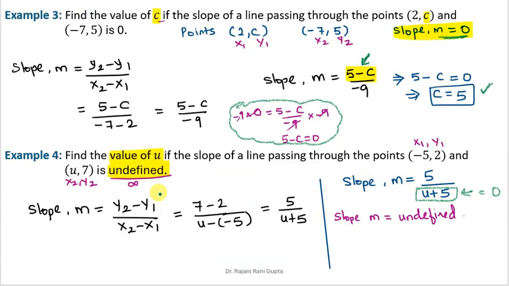Because then only we can say that any number divided by 0 is undefined. So this gives you 5 cannot be 0. So it gives you u plus 5 equal to 0, giving you the value of u as minus 5. Okay, clear? So see, one rule and we have used it to solve different types of questions.